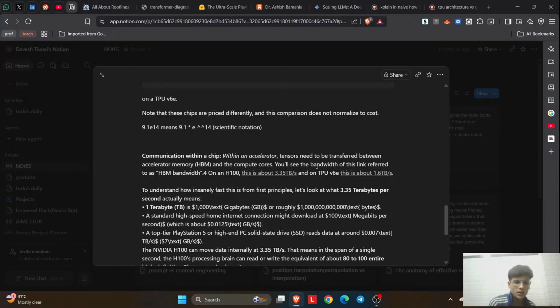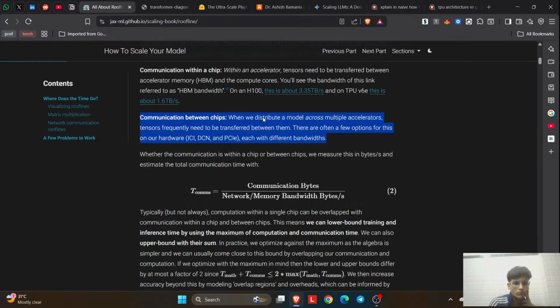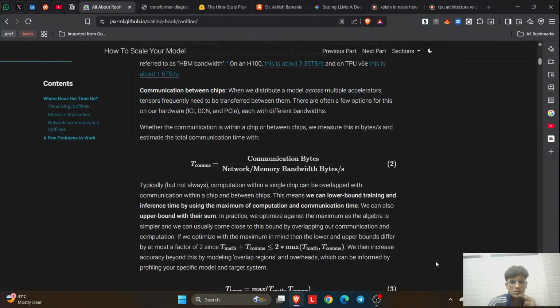Communication within a chip, communication between chips. The communication within a chip is tensor message transfer between the circuits. Time of communication is communication bytes divided by network bandwidth.